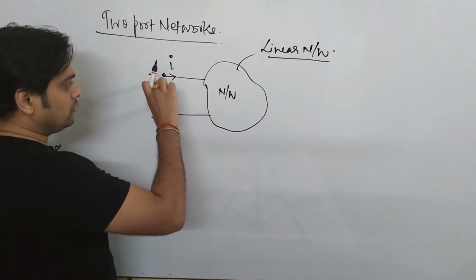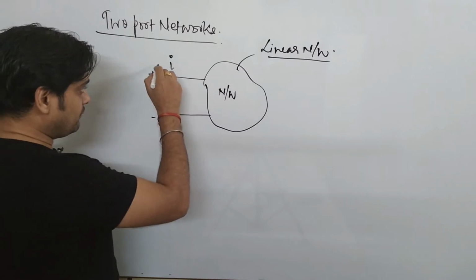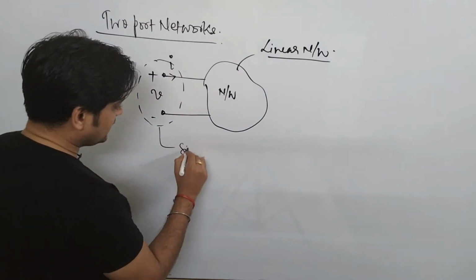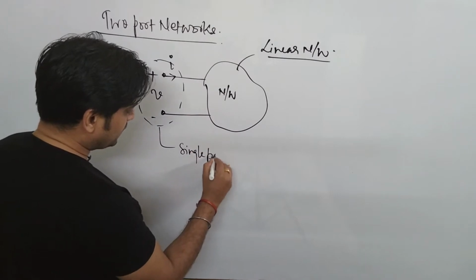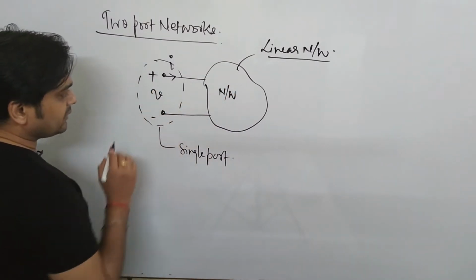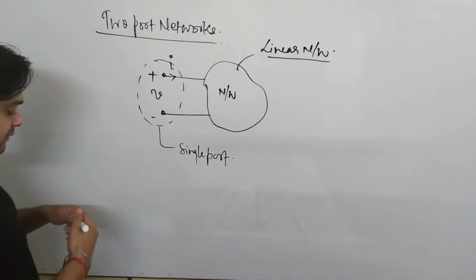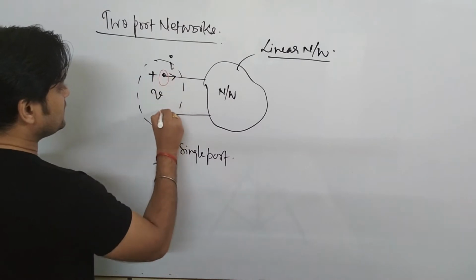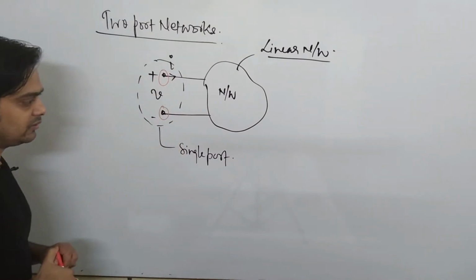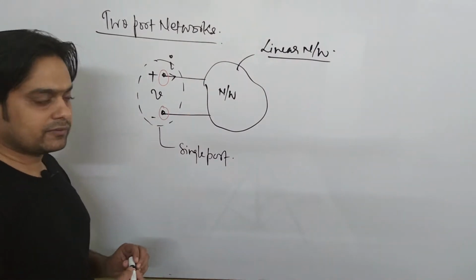These two terminals are basically known as one port. This is a single port, and this is your network, and these are the terminals. We call these two points terminals. This is the positive terminal, this is the negative terminal. So this is all about the single-port network we have seen till date.